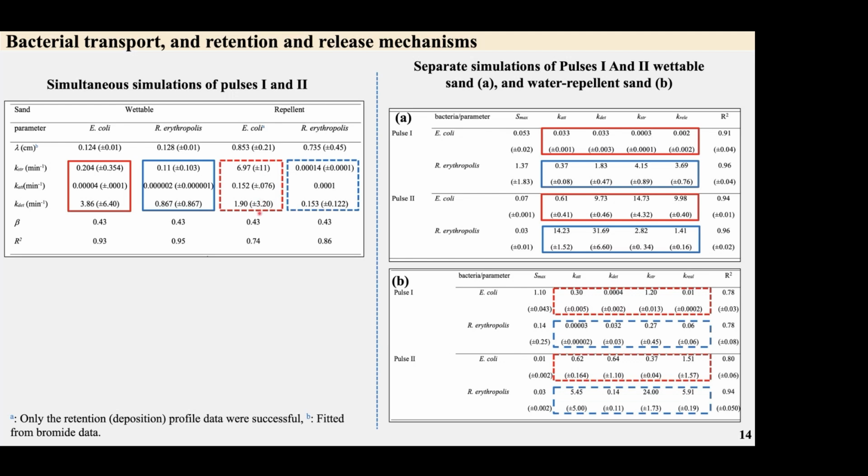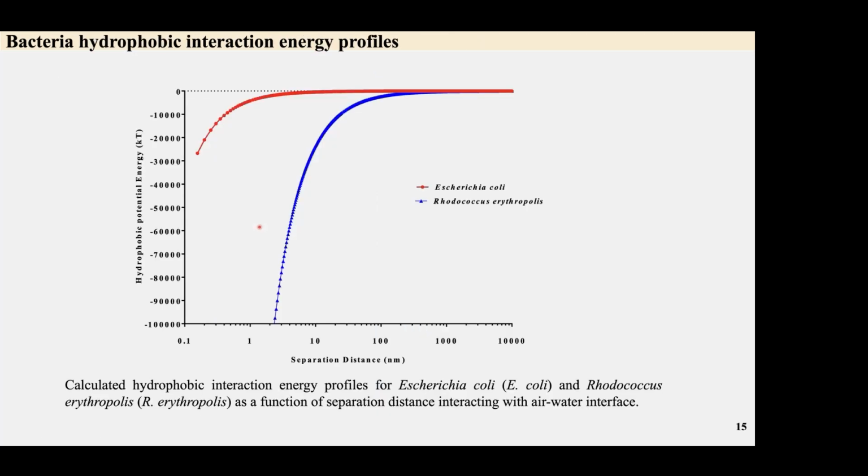So we used the profile when we were not able to simulate breakthrough curves. We also calculated further properties as auxiliary parameters, such as hydrophobic interaction energies for both bacteria to realize how bacteria are interacting with air-water interfaces.